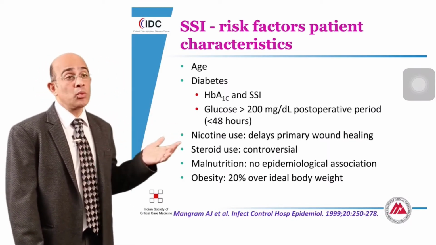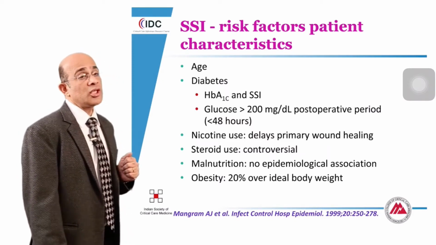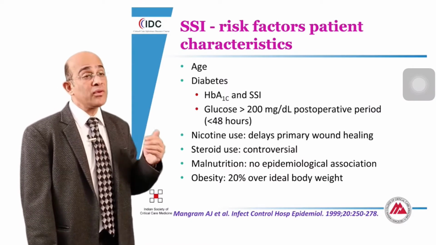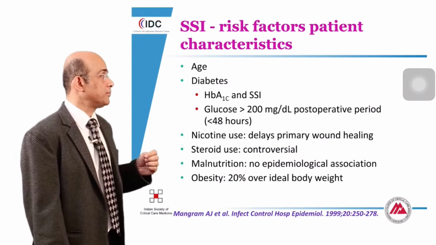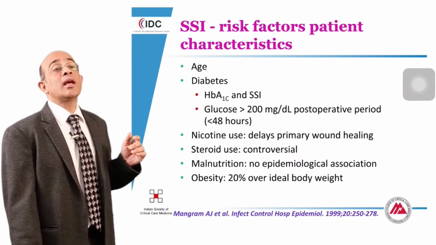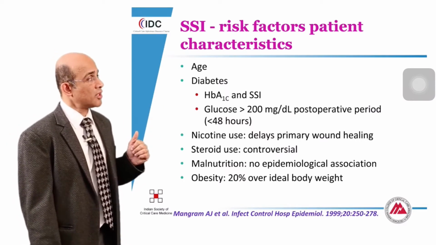Whether it impairs wound healing and increases the risk of infection is still controversial. Malnutrition has been found to have no epidemiological association, even though it is emphasized that adequate nutrition probably helps wounds heal better. Obesity, especially 20% over the ideal body weight, has also been shown to be associated with an increased risk of developing surgical site infections.